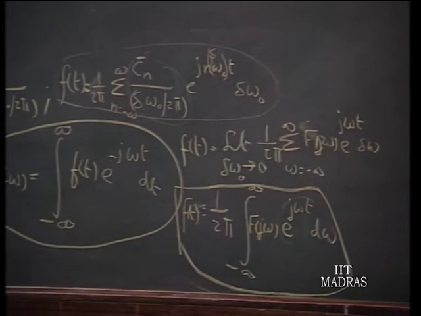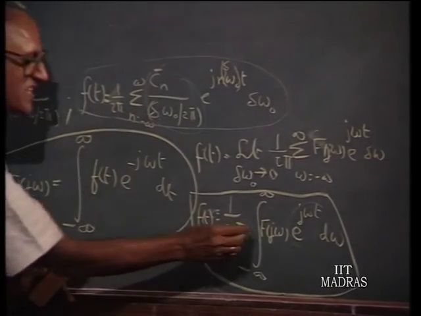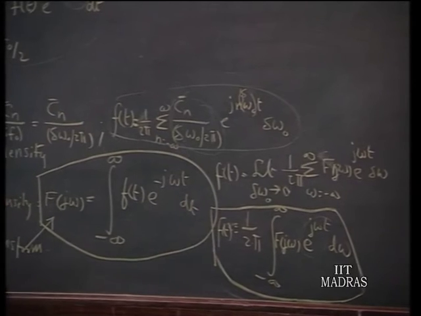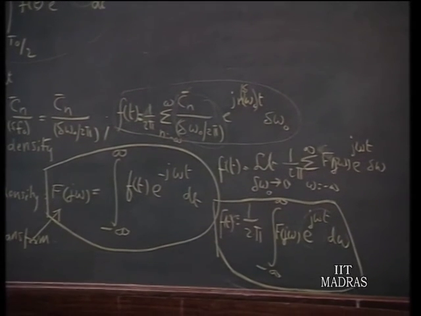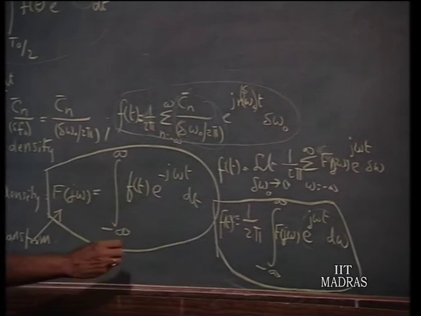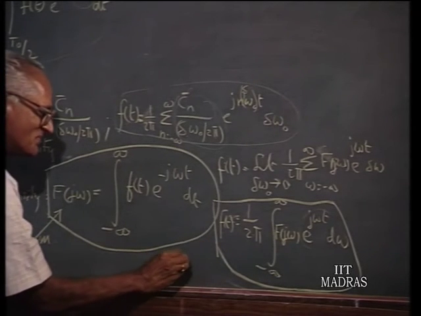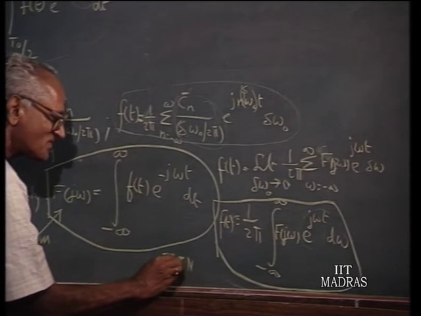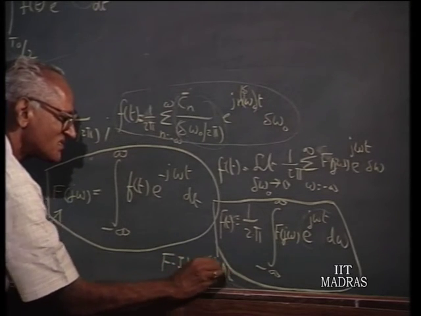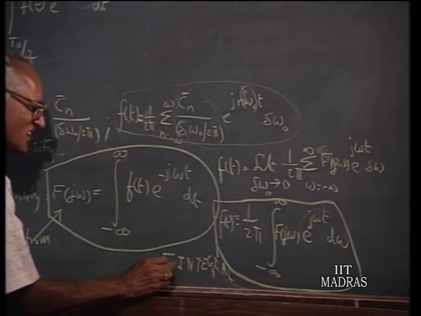Each of these is multiplied by a coefficient which is F of j omega d omega by 2 pi, and you are integrating that over the complete omega axis from minus infinity to plus infinity. This is f of t, and this is called the Fourier integral.